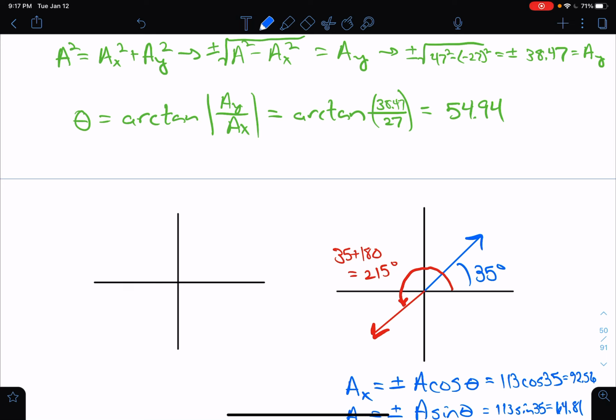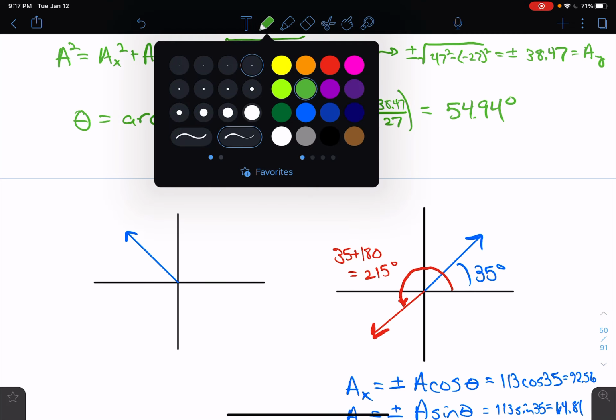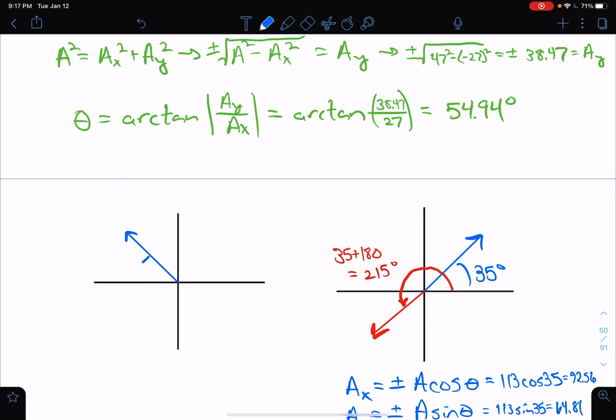So negative x, positive y puts me in the second quadrant. So my vector could be pointing up this way. And in that case, this 54.94 degrees, that would be this angle right here. This angle would be relative to the horizontal, 54.94 degrees.